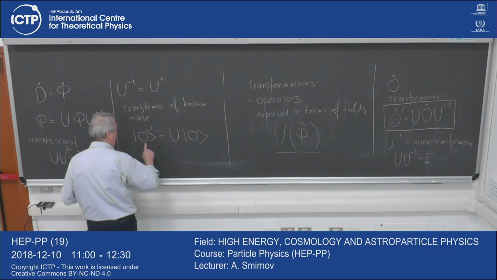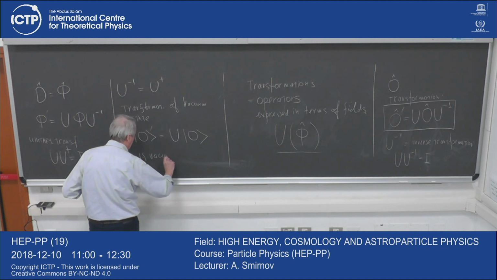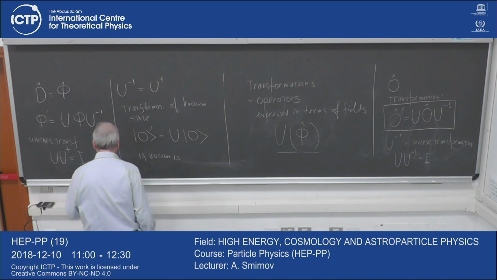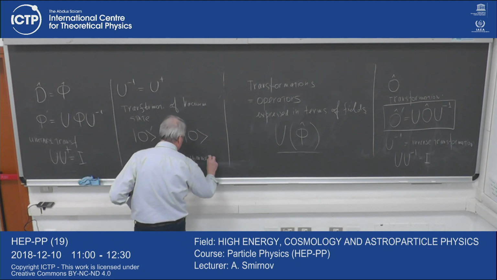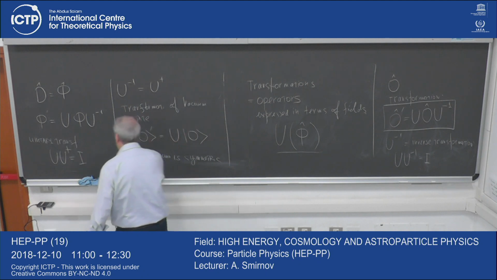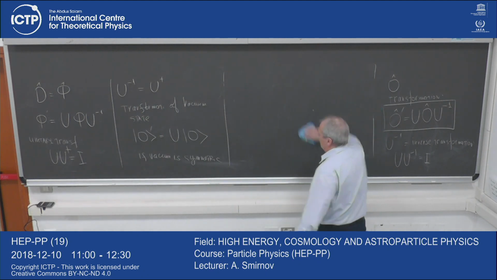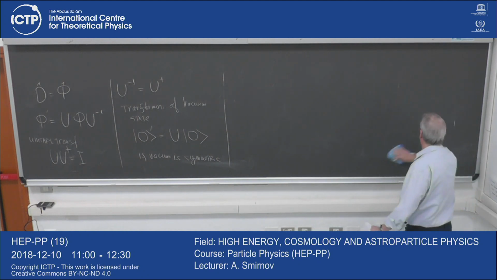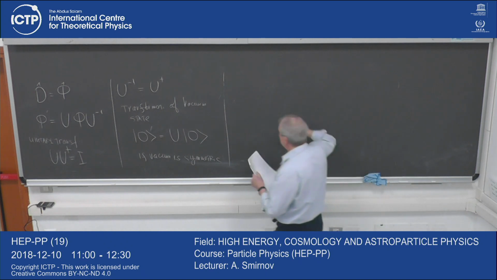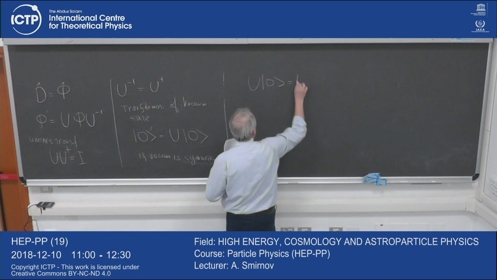I will show later that this is a consistent determination of the transformation of vacuum. If the vacuum is symmetric, or invariant under transformation, then U acting on vacuum gives again vacuum.